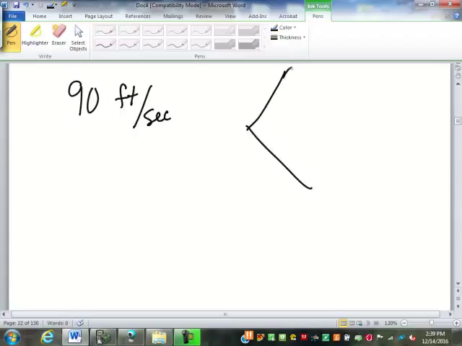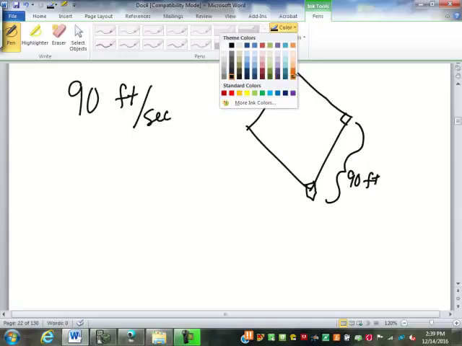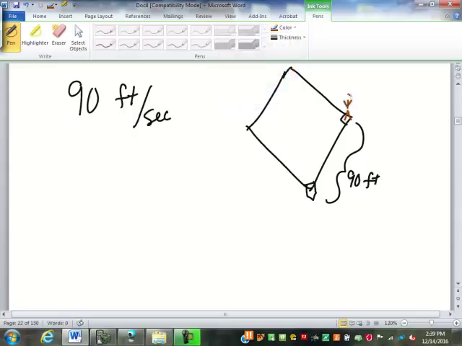Not really? Well, if you think of a baseball field, it's 90 feet from first base to home plate. So 90 feet per second means if I were standing at first base, I could throw the ball to home plate in 1 second.